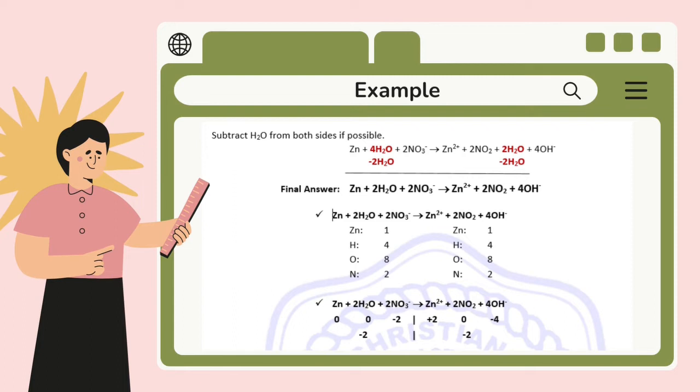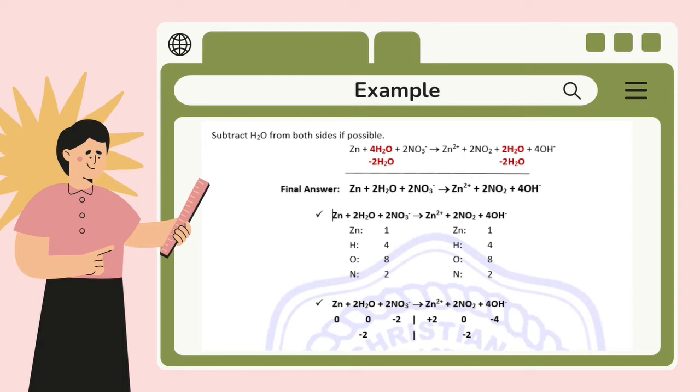Next we're going to be looking if the charges are already balanced as well. Zn has an oxidation number that is equal to 0. H2O has an oxidation number that is equal to 0. 2NO3- has an oxidation number that is equal to negative 2. So the overall oxidation number for the left side, or what we call the reactant side, is negative 2.